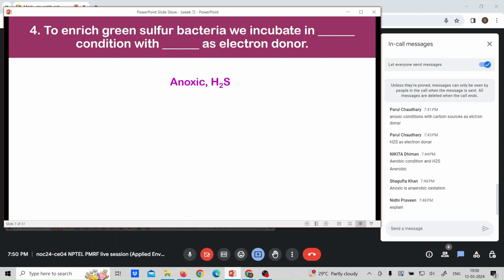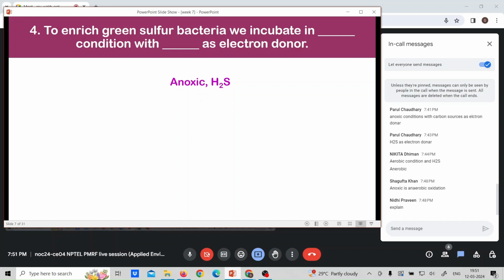Again, based on electron donor, the donor can be organic or inorganic. When it is organic you call them organotrophs, and when it is inorganic you call them lithotrophs. The electron acceptor is the key difference in aerobic, anoxic and anaerobic systems. It can be oxygen, an inorganic substance, or organic matter.